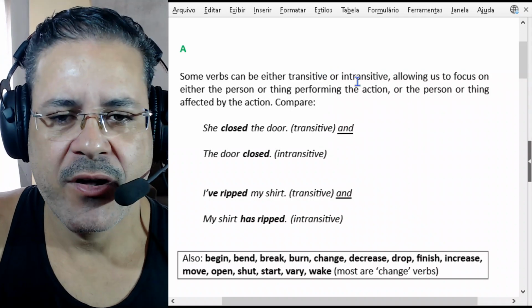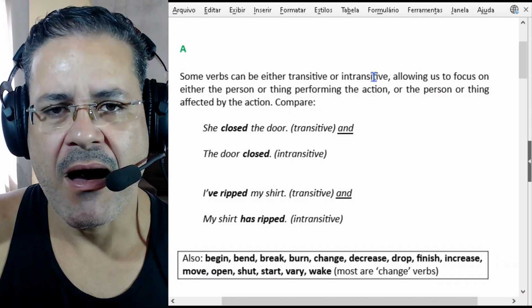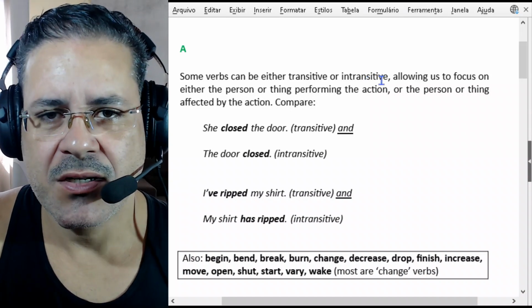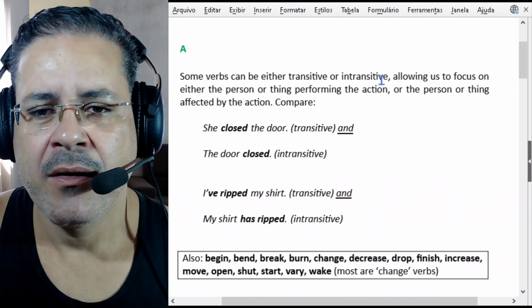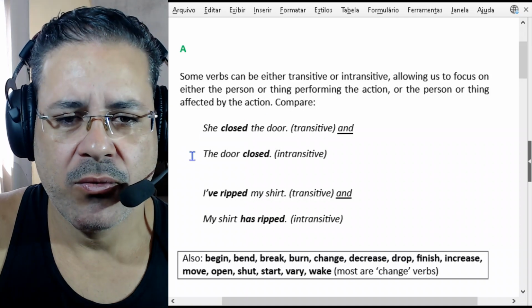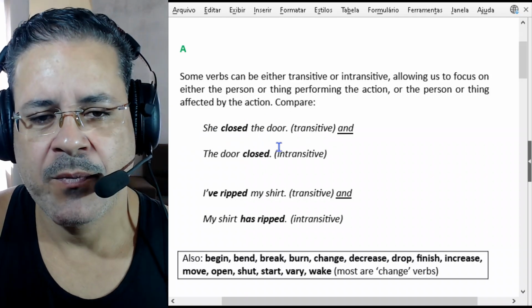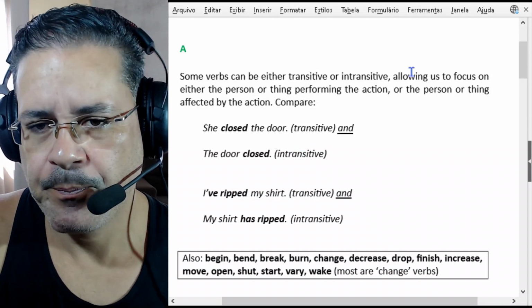Or the verb can be intransitive, which means that by itself and in itself it's already understood. It doesn't require a complement. But don't worry about that. When we are doing the practice examples, you're gonna see that it's easier than it looks.